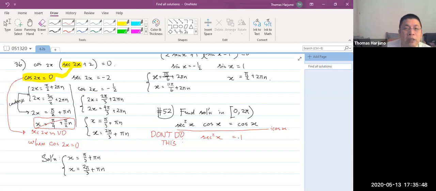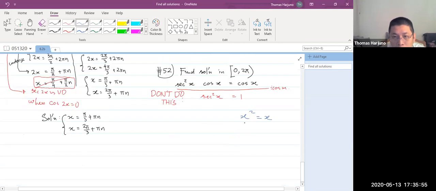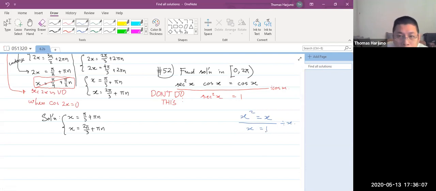For example, how do you solve x squared equals x? If the way you solve that is by dividing by x, then you really need to drop the class. Why? x squared equals x is a quadratic equation, so we expect to get 2 solutions. When you divide by x, you only have 1 solution, x equals 1. So where's the other solution?